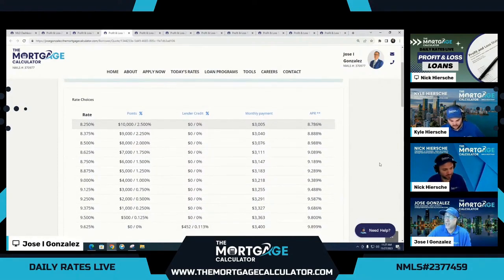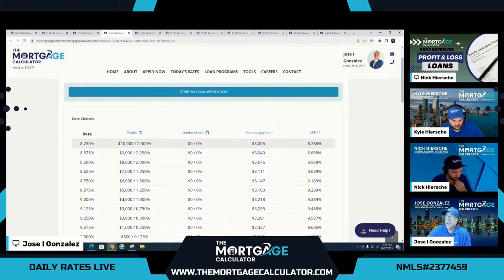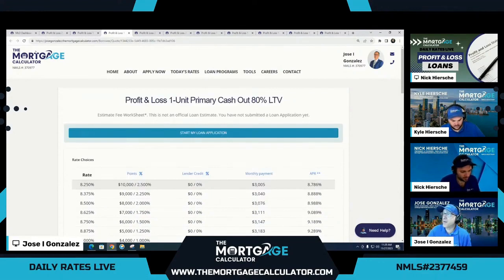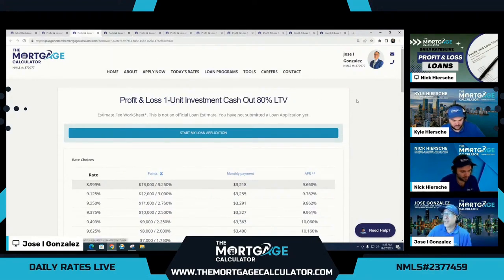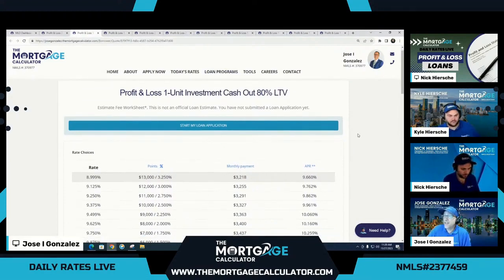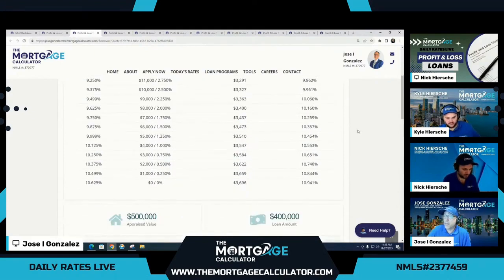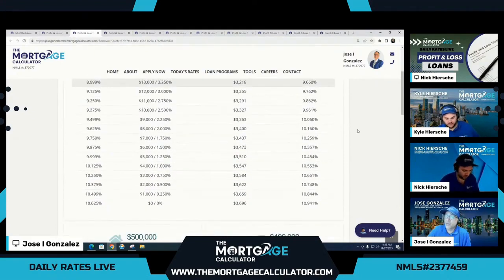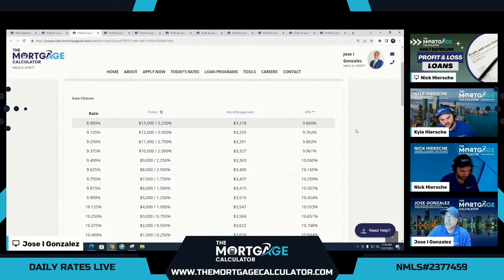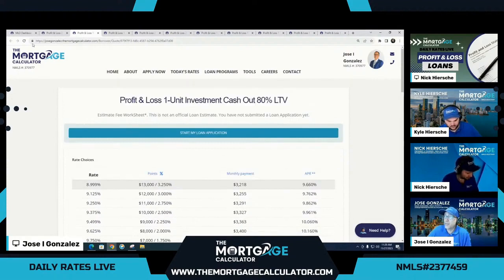We actually have a little bit of a lender credit there, and you can buy that down to 8.25%. Again, this is a primary cash out 1 unit. And our same 1 unit as an investment cash out, rates go up a little bit. We have 10.625 as the lowest cost option and 8.999 as the lowest rate option.